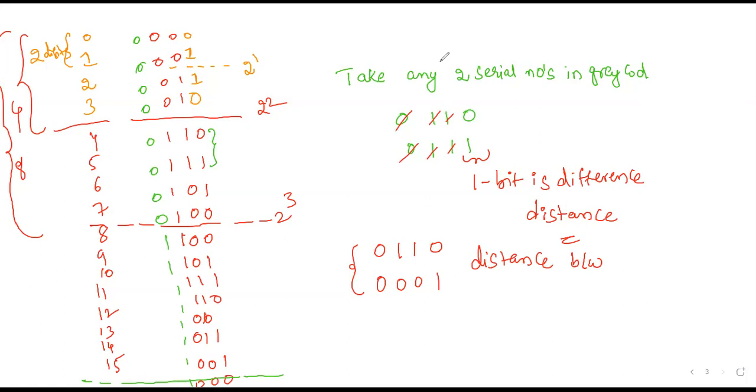Same bits cancel. This is 1 to 0, so this is 1 bit. It is also changing. It is also changing. So we have 3 bits different. So the distance between these two binary codes is 3. You understand?